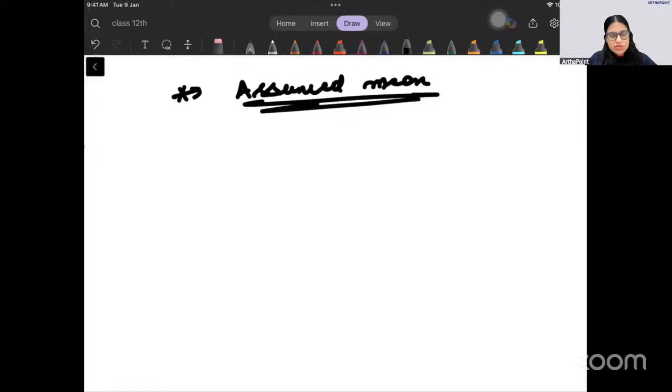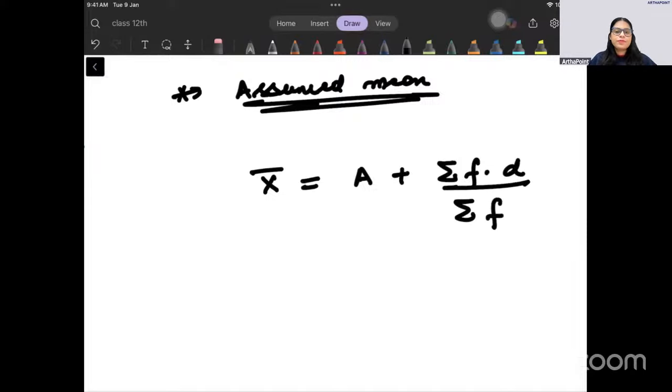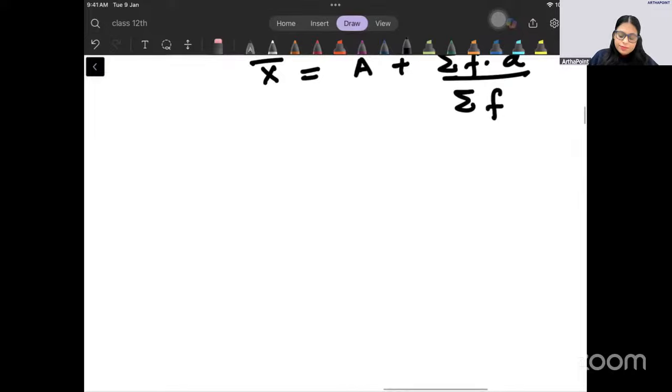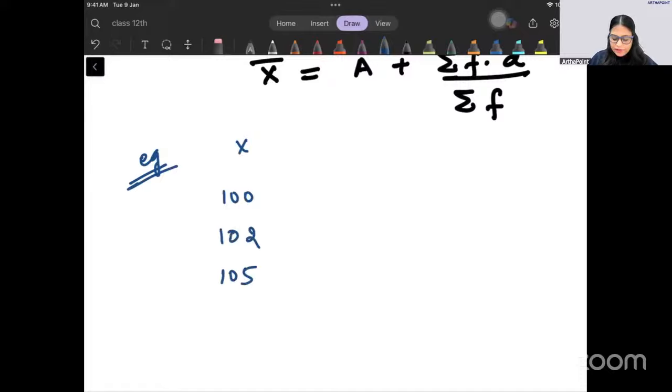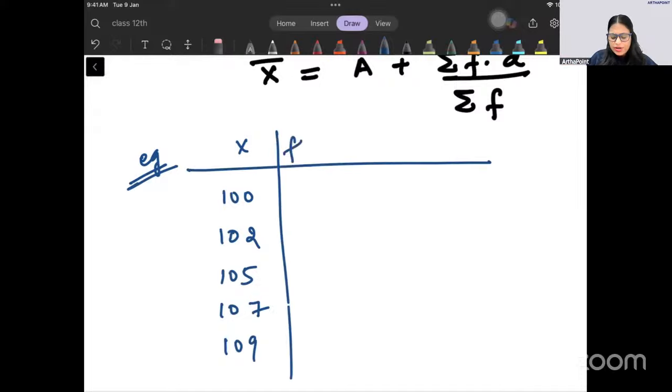With the presence of assumed mean, the formula of mean becomes A plus summation F into D upon summation F. This is, for example, let's say मेरा data set है 100, 102, 105, 107, 109. It's a big data set, big numbers आते हैं. और इनका कुछ frequency दिया हुआ है fx 1, 2, 3, 1, 2, कुछ ऐसा.